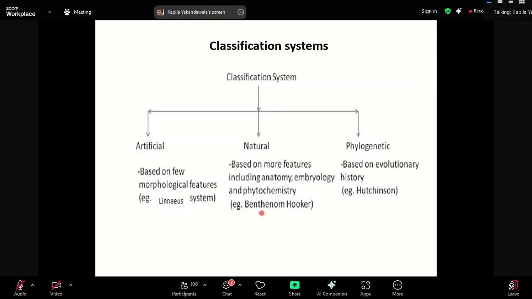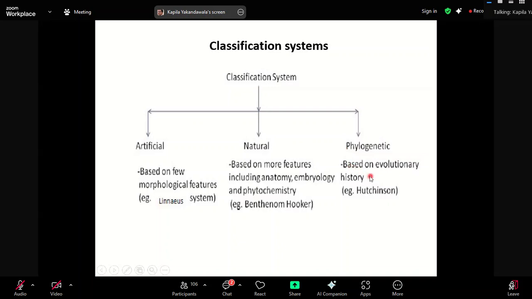So they found microscopic details and chemistry, etc. Then they proposed another system, the natural system, proposed by scientists called Bentham and Hooker. So we shifted from the artificial classification system to the natural system, and we used this for a long time. But later, with the advancement of molecular biology, we shifted to another system called the phylogenetic system.